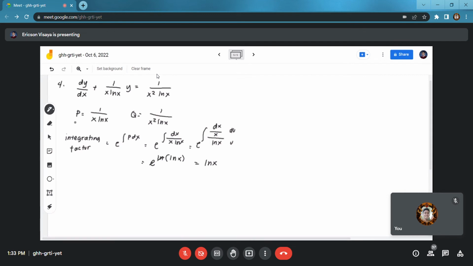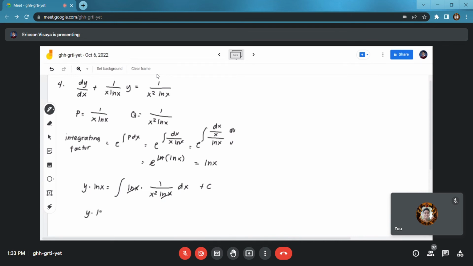We have the dependent variable y. Y times the integrating factor ln x is equal to the integral of the integrating factor ln x times our Q, which is 1 over x squared ln x, dx plus c. Cancel ln x, cancel ln x.